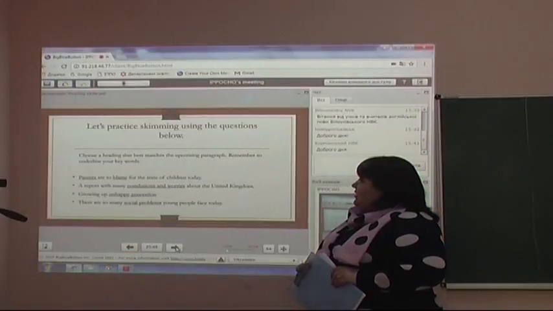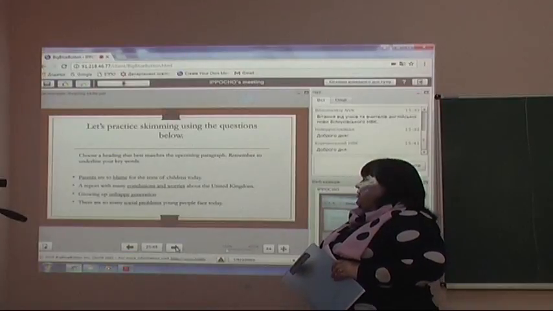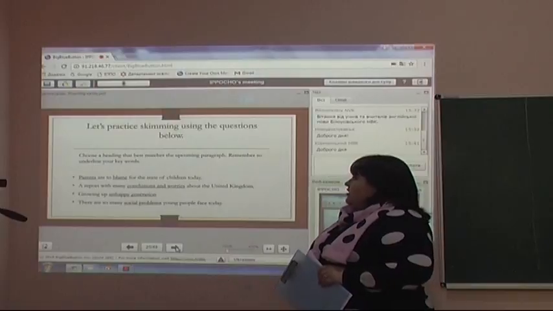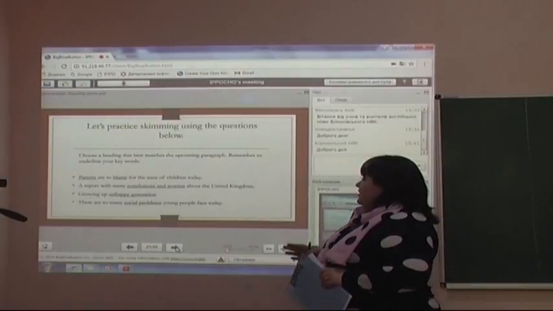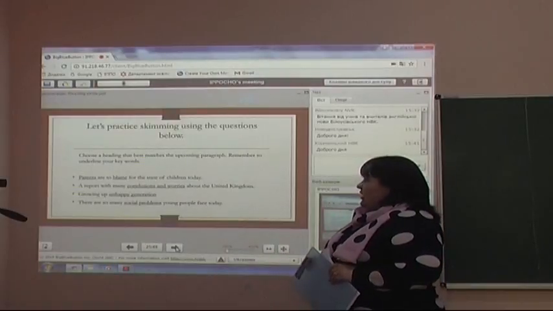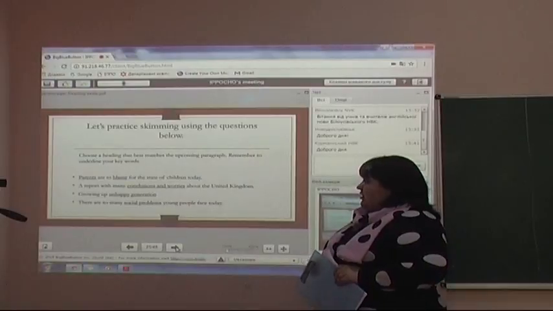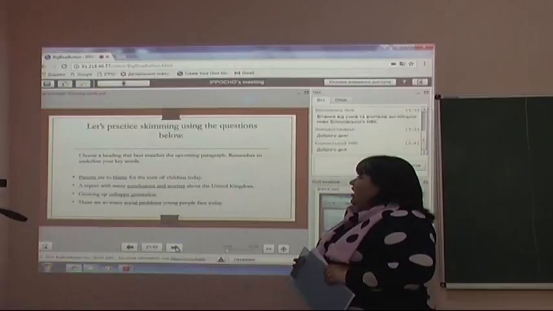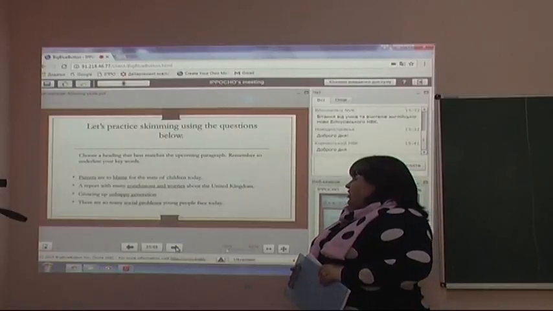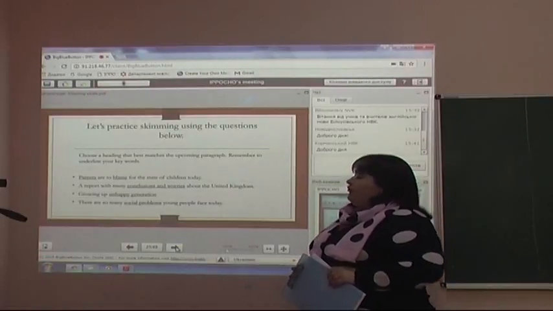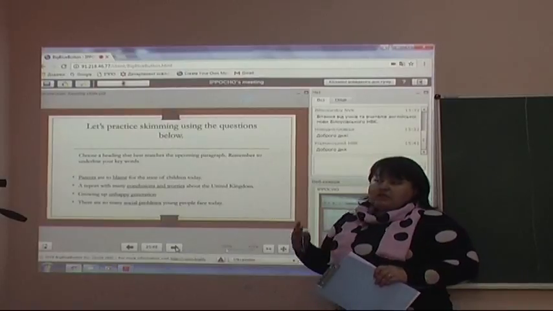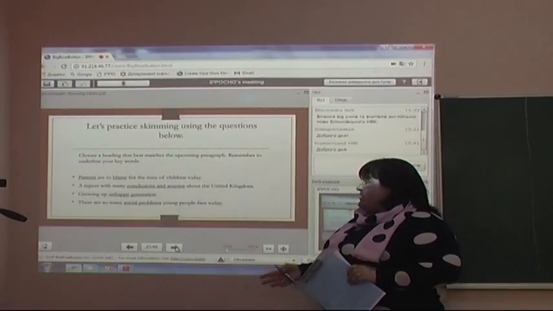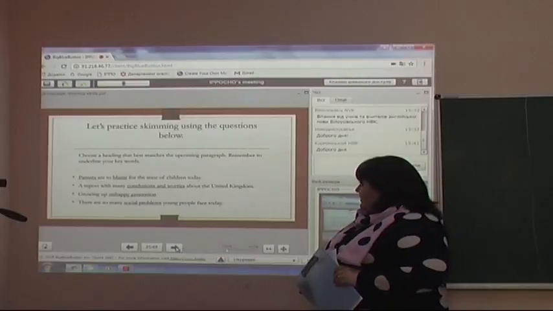A report with many conclusions and worries about the United Kingdom. So these keywords are conclusions and worries. Growing up, unhappy generation. So unhappy generation is the main idea here. There are so many social problems young people face today, and the most important words here are social problems.